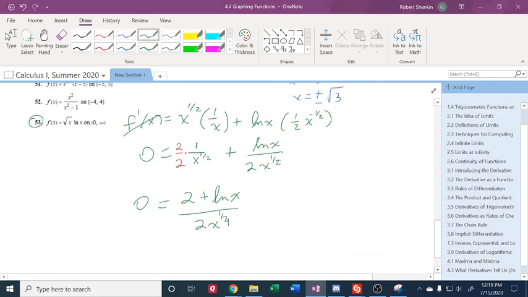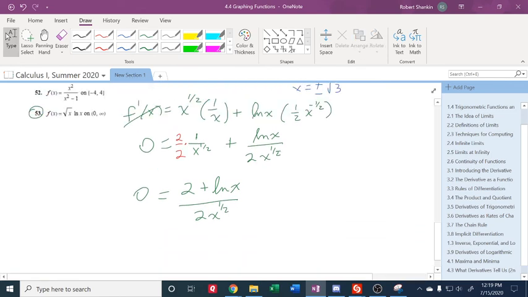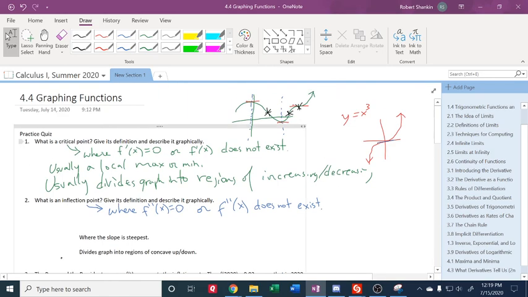Whenever you have one fraction equal to 0, go back to the definition of a critical point: where the derivative is equal to 0, if it's a fraction, it'll be just the numerator. Where f prime of x does not exist, that's when the denominator is equal to 0. So a fraction can only equal 0 if its numerator is 0. If its denominator is 0, then the fraction does not exist. But both cases are critical points.